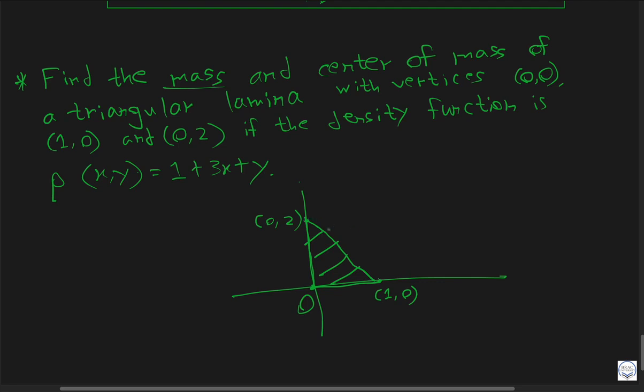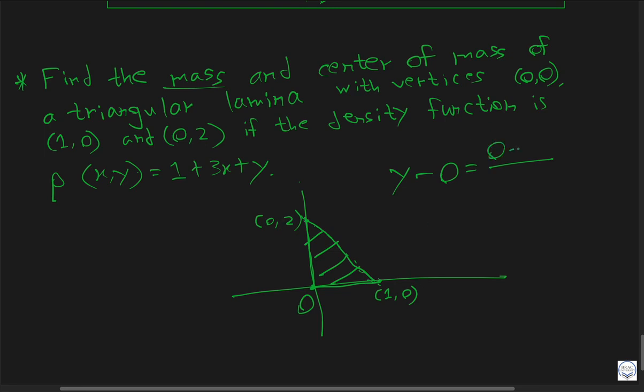Now we have to find the equation of this particular line. We can use the equation of a straight line to find it. Let's take this point: y minus 0 equals m, the gradient of this line.